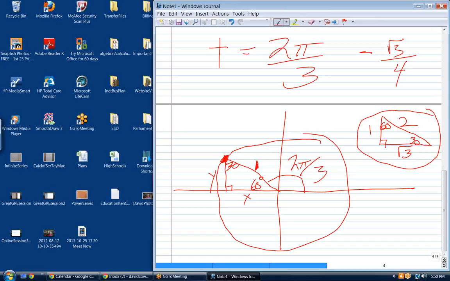But what that means is the similarity ratio is 1/2. In other words, if you take our hypotenuse of 1 and divide it by 2, every side over here has to be half of this side over here. So the y-coordinate would be 1/2. The x-coordinate would be root 3 over 2. So it would be negative... Right. No, the y is positive, but the x is negative. So the answer is negative root 3 over 2, comma, 1/2.